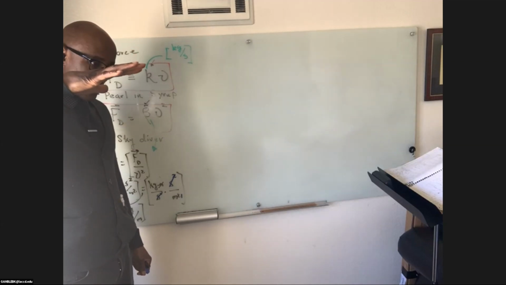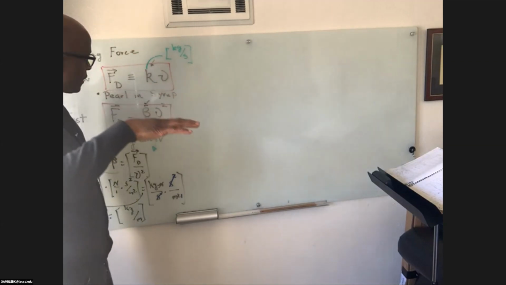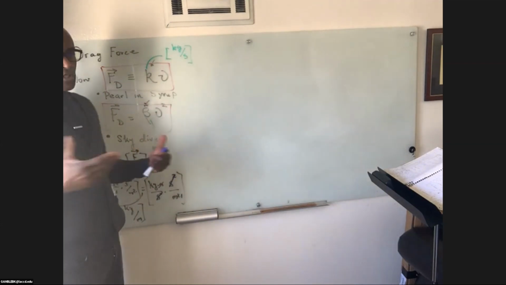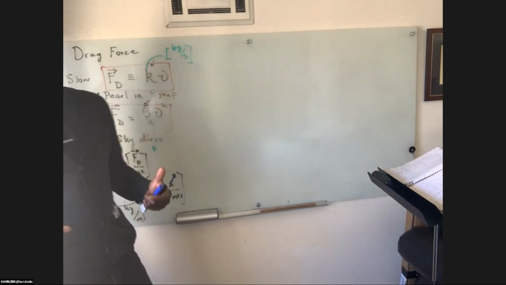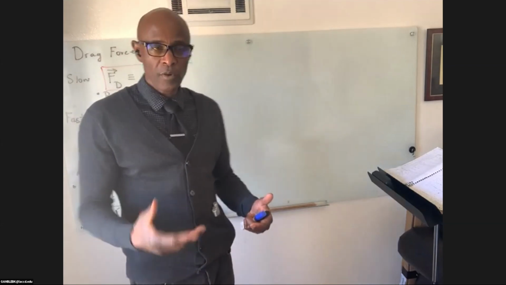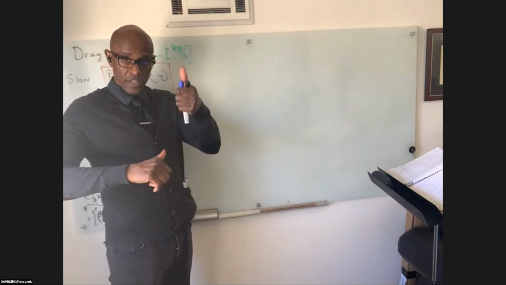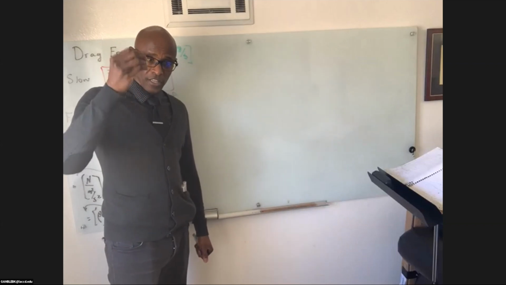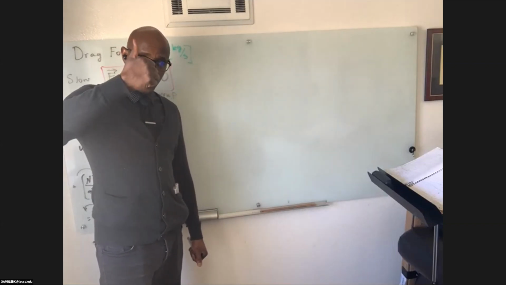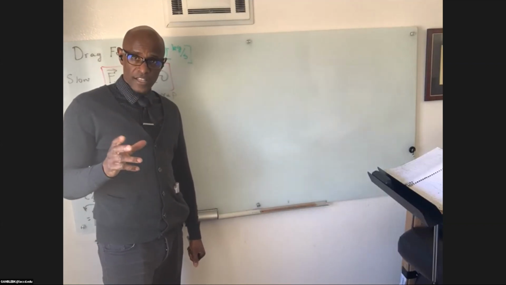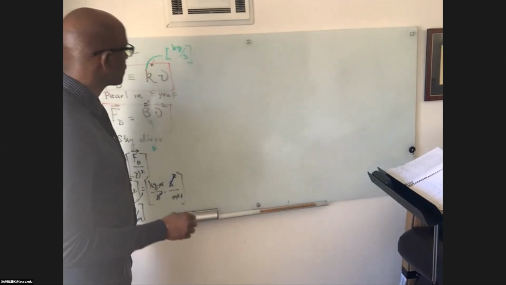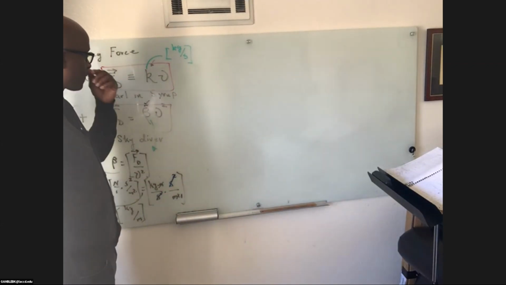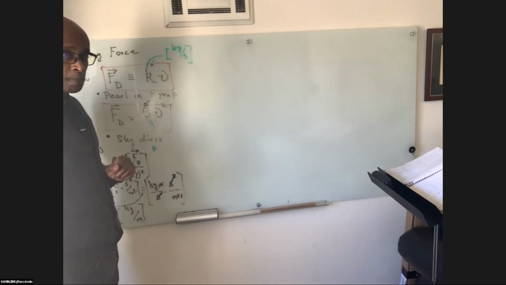An object is falling, and the drag force, just like friction, is going to be opposite the direction of motion, right? So if you're falling down, the drag force is up. And I just illustrated that with the object, right? Once I crumpled it up, it fell faster, which means the force in the opposite direction was less. But for some reason, that drag force is proportional to the speed.